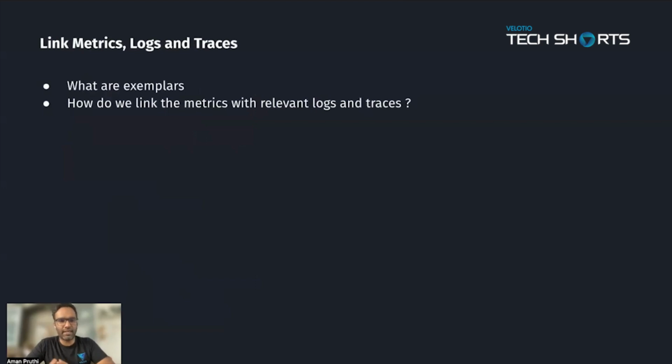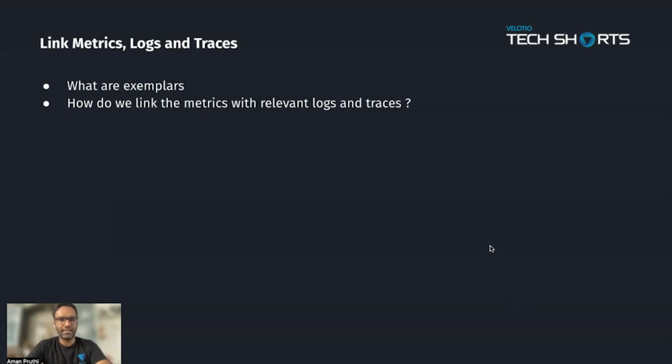Exemplars are nothing but examples, a label added to your Prometheus metric to link your metrics to your traces. Similarly, traces can be linked to logs using a similar concept. It's not exemplars, but derived fields, which you can use to link your Loki to Tempo.